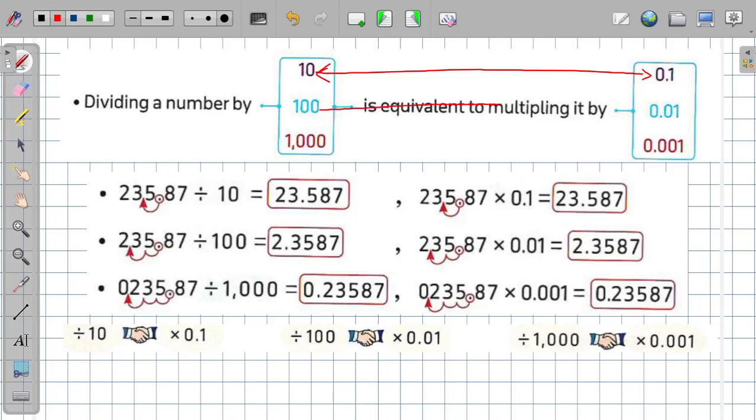Dividing by 100 is equivalent to multiplying by 1/100. Dividing by 1000 is equivalent to multiplying by 1/1000.